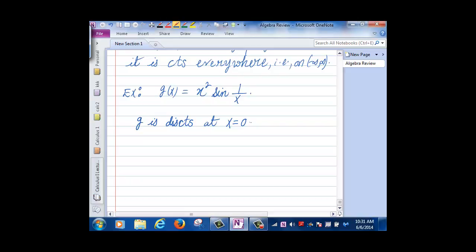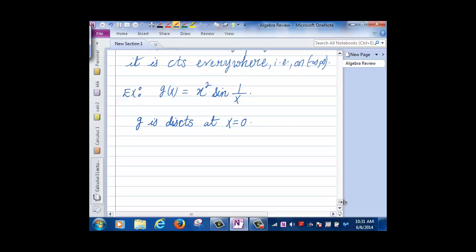Now you tell me, what kind of discontinuity do I have there? Is it a jump discontinuity? Is it a removable discontinuity? What kind of discontinuity do I have at 0? Well, you have to remember the graph of x squared sine 1 over x, the graph that I gave you before.